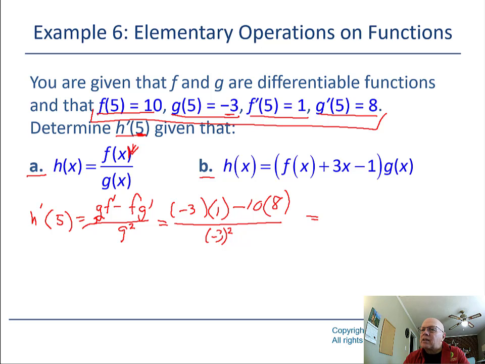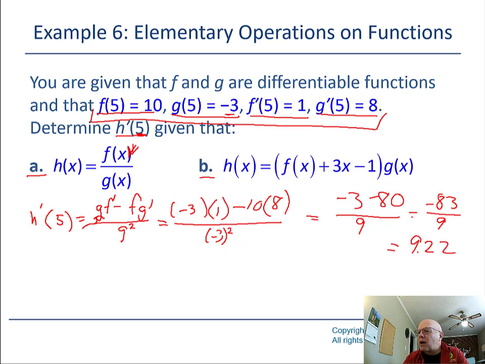So negative 3 times 1 is negative 3. 10 times 8 minus 80. And on the bottom we'll have a 9. Negative 83 over 9. Convert that to a decimal perhaps. And we'll have 9.22.